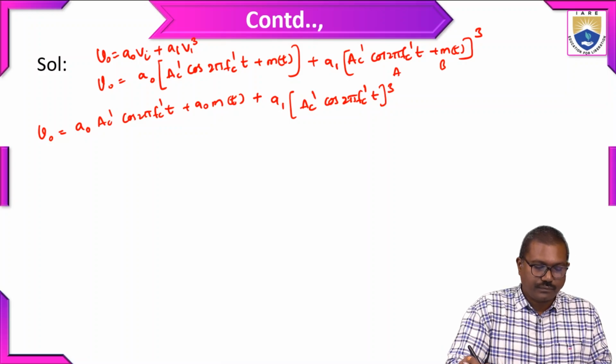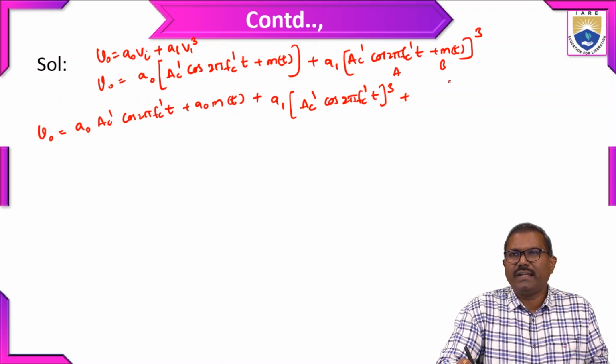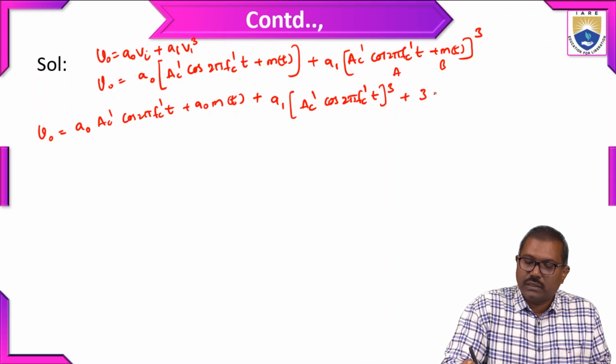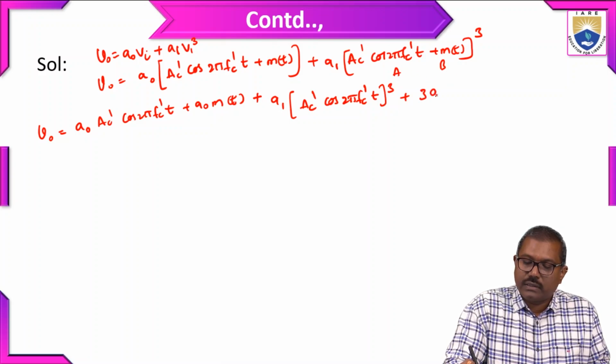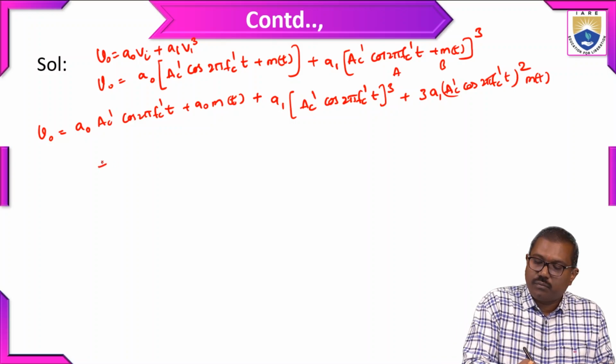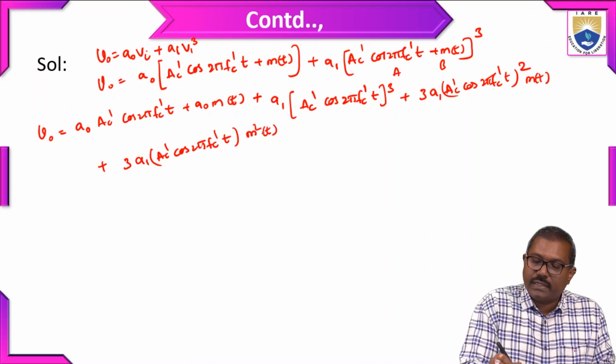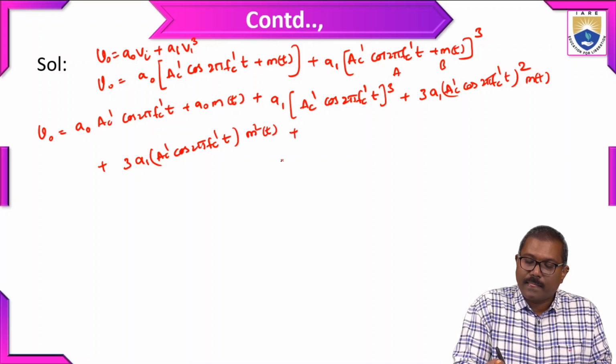Next, 3A square B. So 3A1 into AC dash cos 2 pi FC dash T whole square B, M of T, plus 3A1 AC dash cos 2 pi FC dash T into M square T, that is 3AB square, plus B cube.